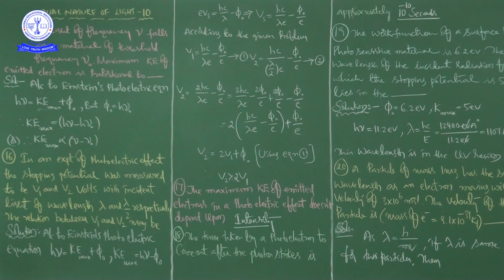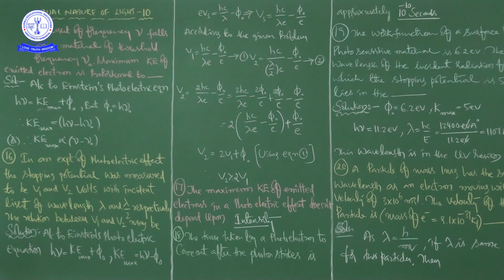The minimum amount of energy for the electron to come out from the metallic surface is called work function, right? So from the energy of the incident radiation, a certain amount of energy is utilized by the electron just to overcome the attraction force by the positive charges, right? So the rest of the energy will convert in the form of kinetic energy of the electron.